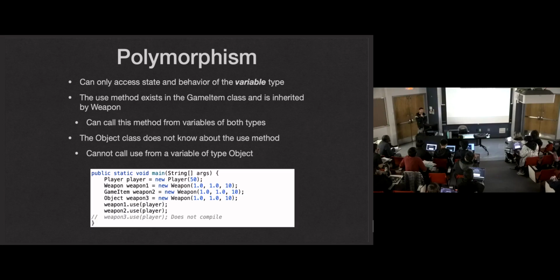I don't know. So if I did weapon 1 equals new weapon, weapon 2 equals weapon 1, weapon 3 equals weapon 1, and I said weapon 3 equal weapon 2, or rather dot equals. Equal I think would be true, right? But dot equals, weapon 3 dot equals weapon 2.